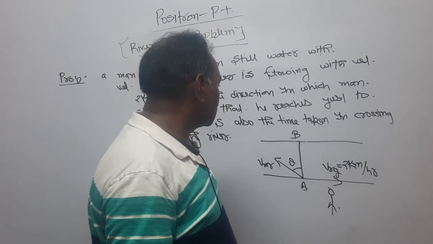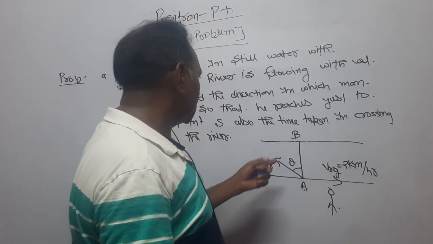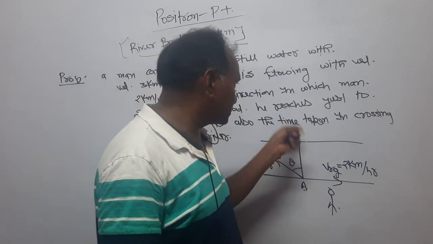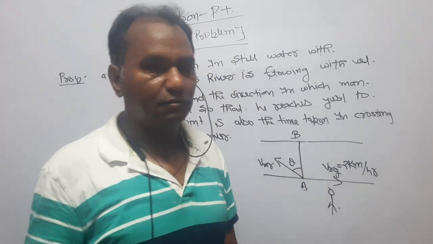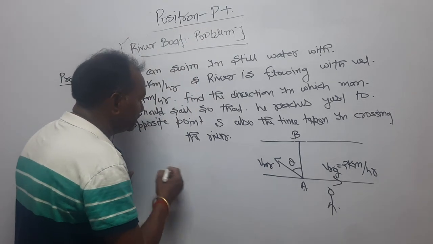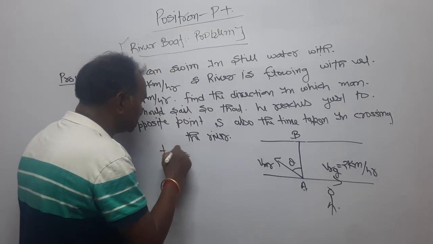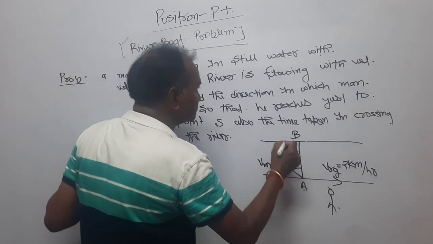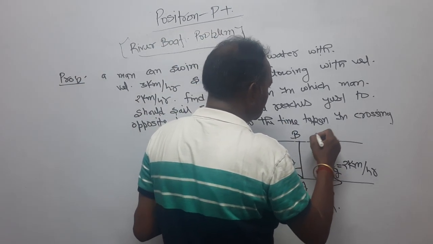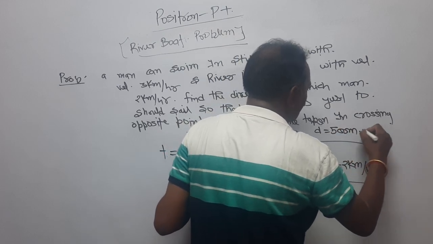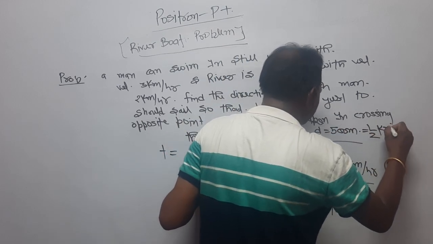Now what we have to do? We have to find this angle theta and the time taken in crossing from A to B. Simply, dear students, to find the time, T is equal to distance upon velocity. Let the width of the river be 500 meter, that is 1 by 2 kilometer.